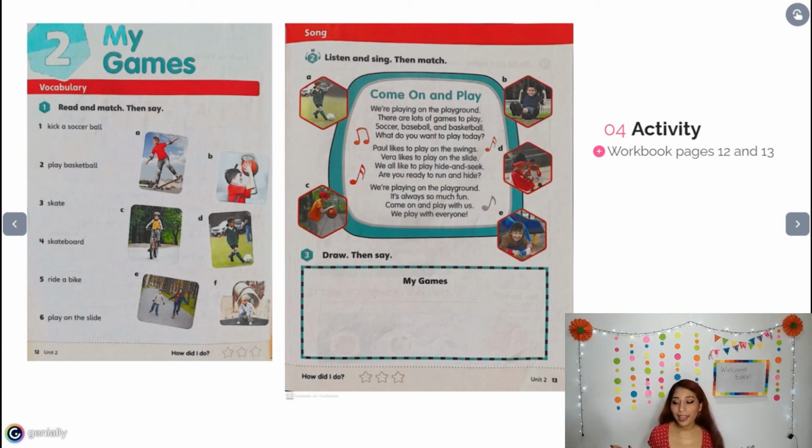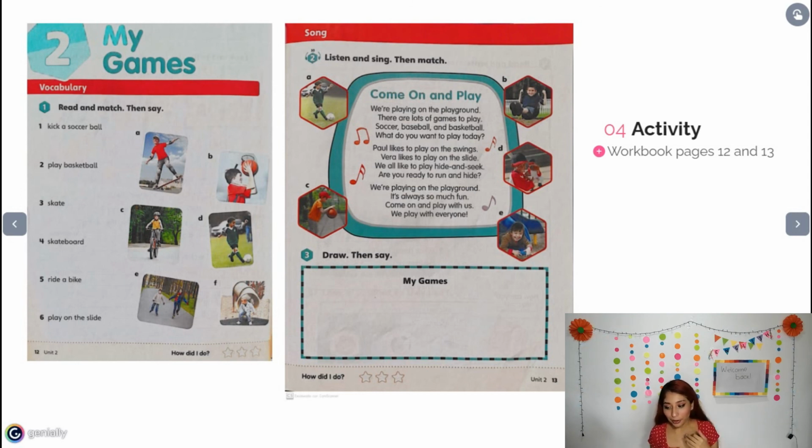Are you ready to run and hide? We're playing on the playground. It's always so much fun. Come on and play with us. We play with everyone.